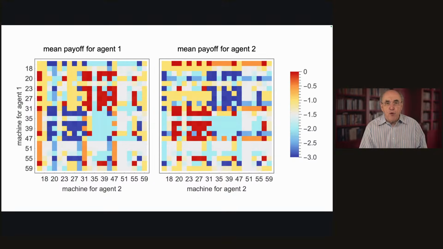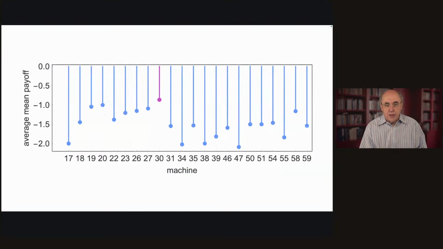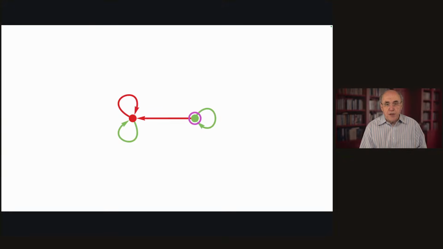We did that before, say in the sense that it has the largest average mean payoff playing against all other distinct two-state machines. As a result, all the payoffs are negative, but one is less negative than others. And the one that's less negative than others turns out to be machine number 30, which is this machine here.